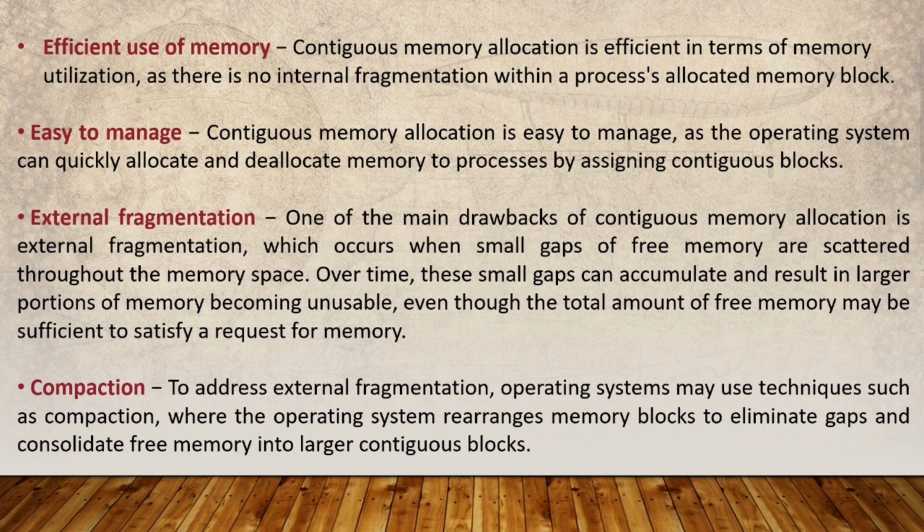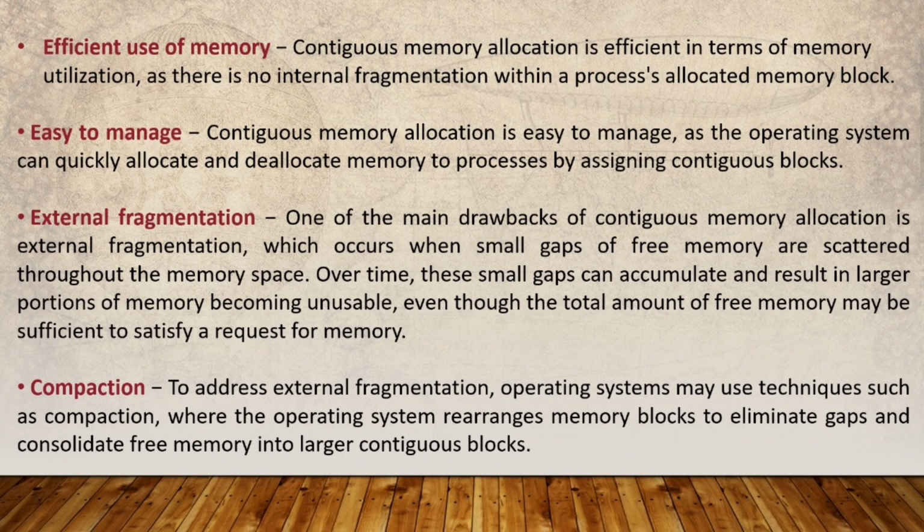Now, let's look at how it is easy to manage. Contiguous memory allocation is easy to manage as the operating system can quickly allocate and deallocate memory to processes by assigning contiguous blocks.